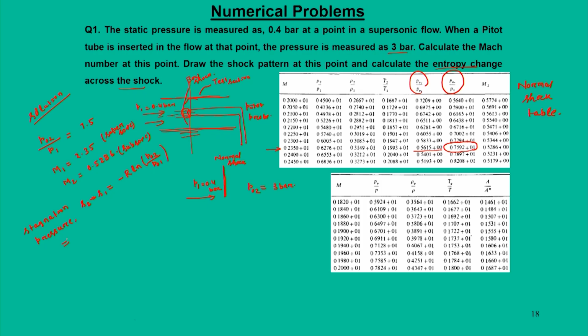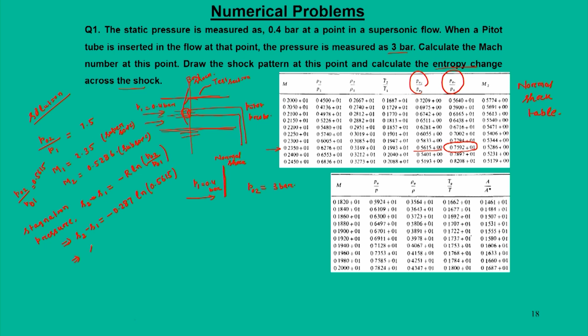So, this means S2 minus S1 will be minus R, where R is 0.287, times ln 0.5615.